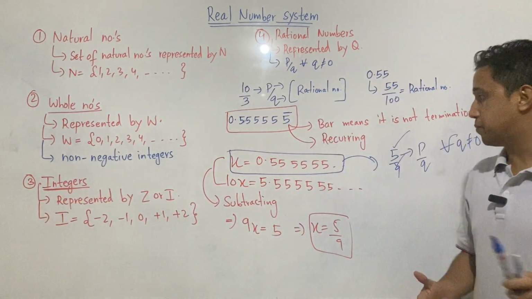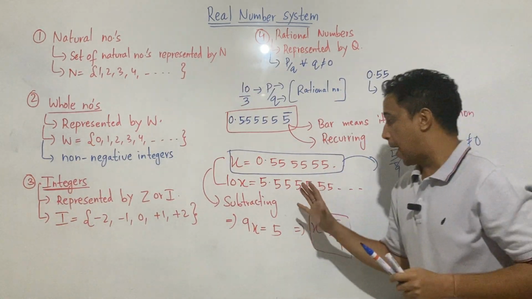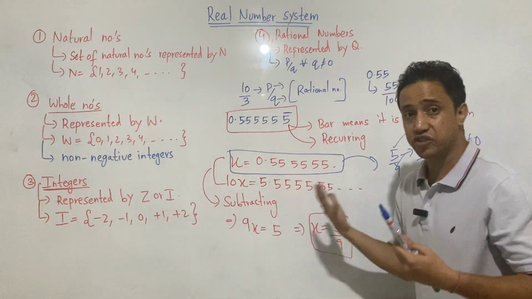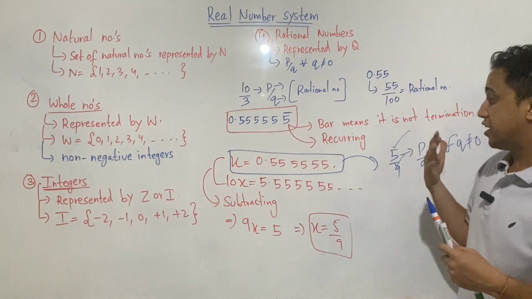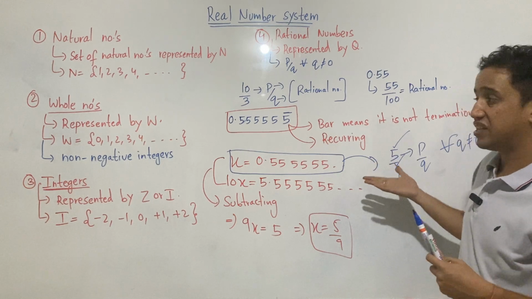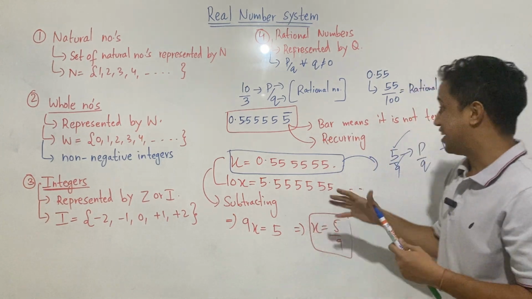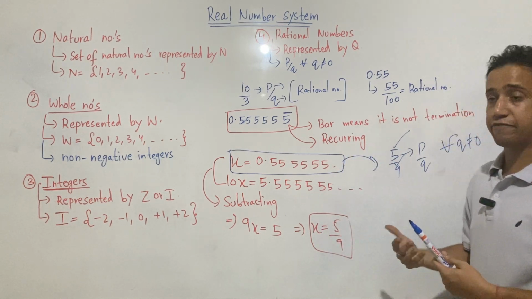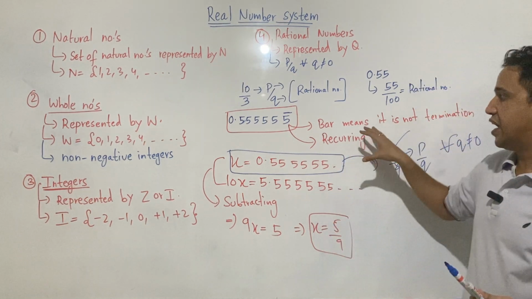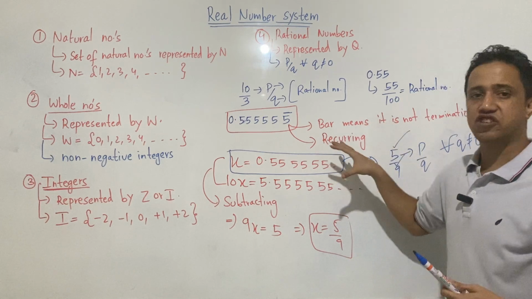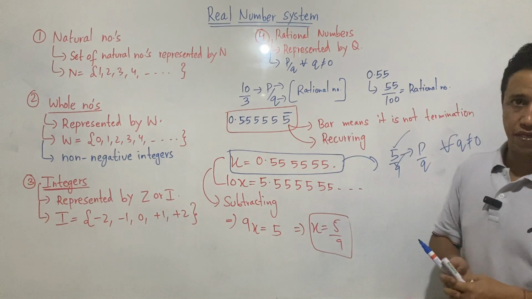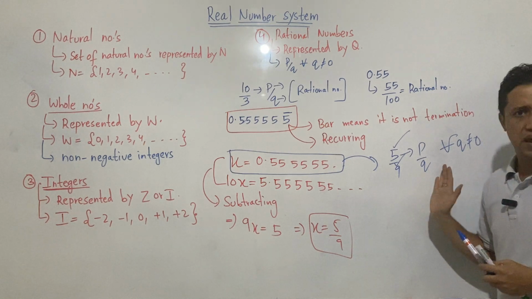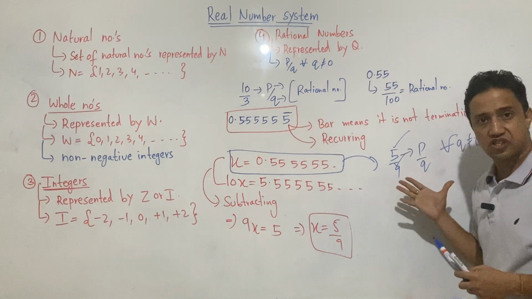If after the decimal you say that this thing is not terminating, and it keeps on repeating itself, it has a pattern, then that number can be represented in the form of p by q. So this is important, you must know it.